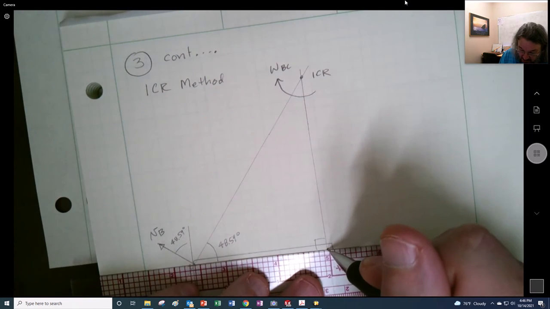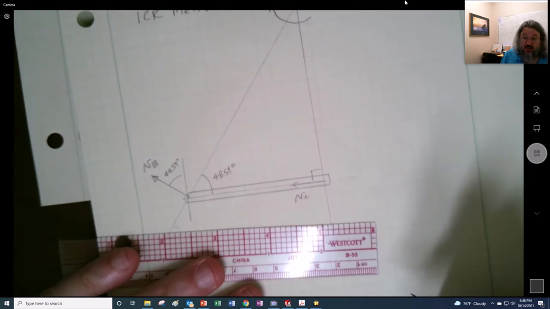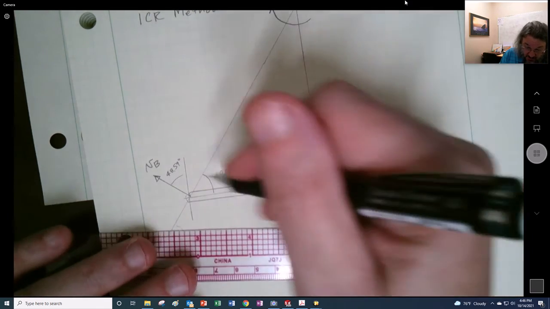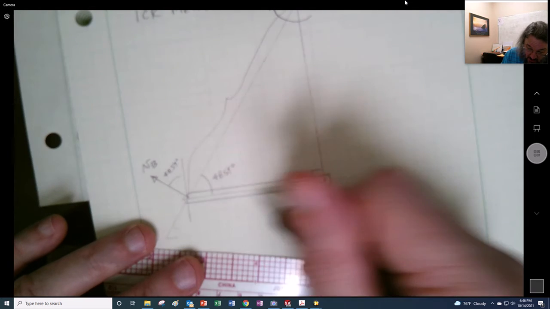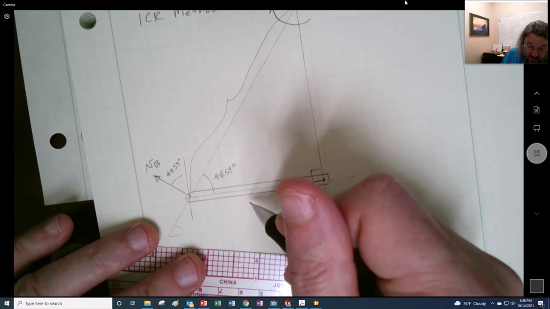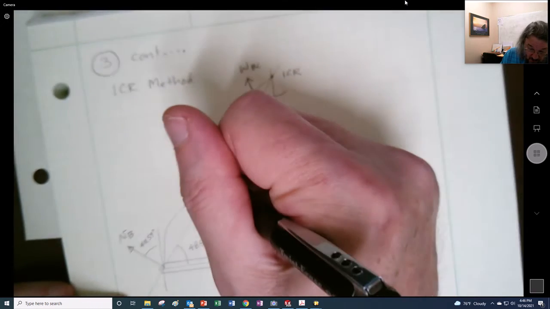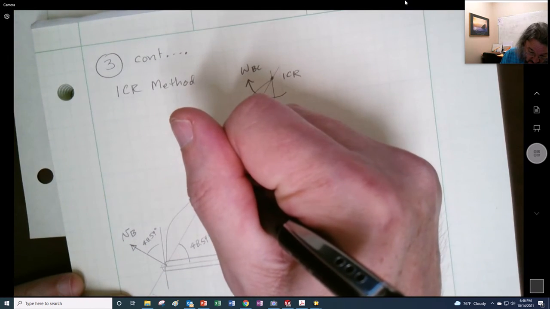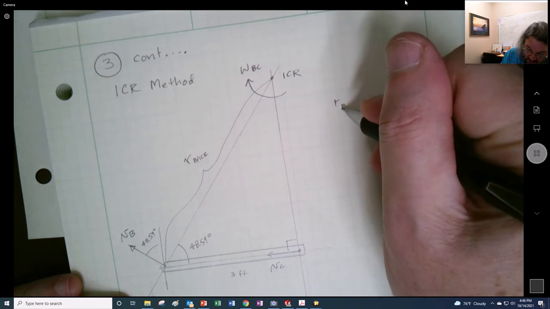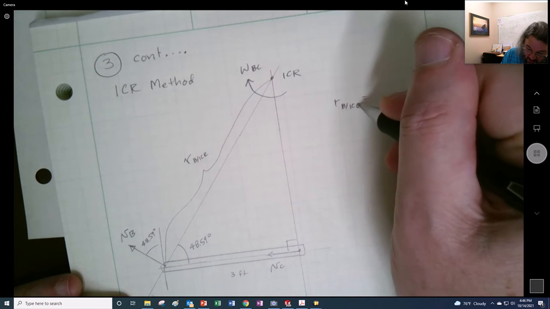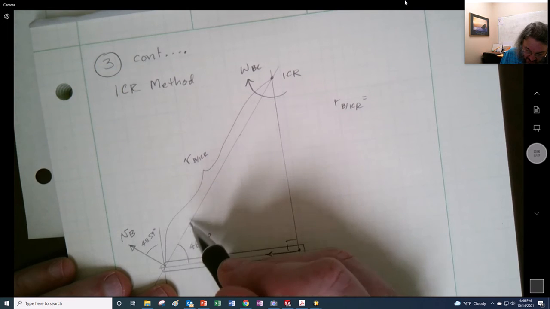And then we can also see that that must mean, okay, our conclusion is that C has to be in that direction, right there, off of this. So let's find out what that is right here. We know this length right in here is going to be 3 feet across that way. So our R of B with respect to ICR is going to be, if we want the hypotenuse, right?